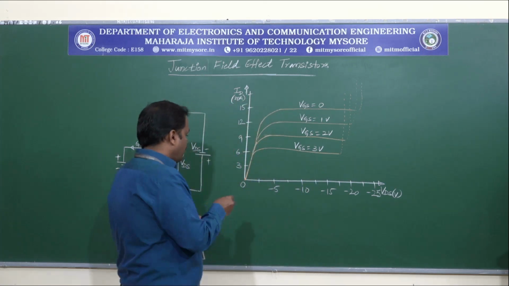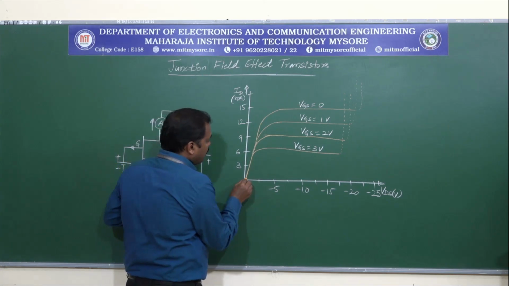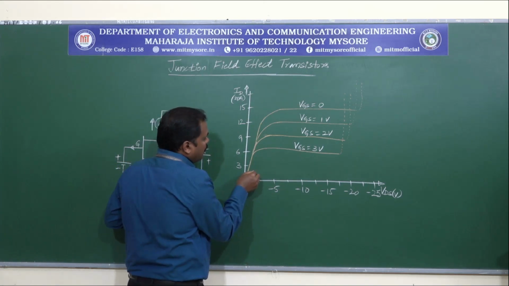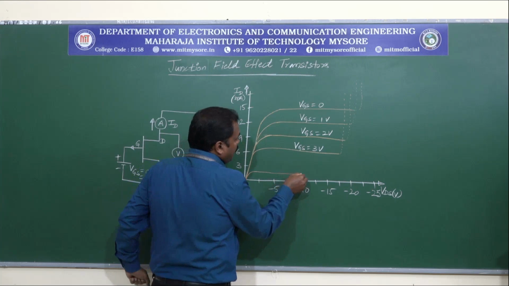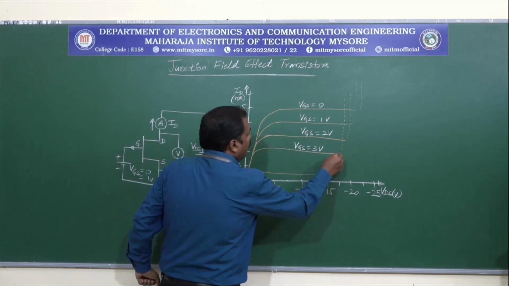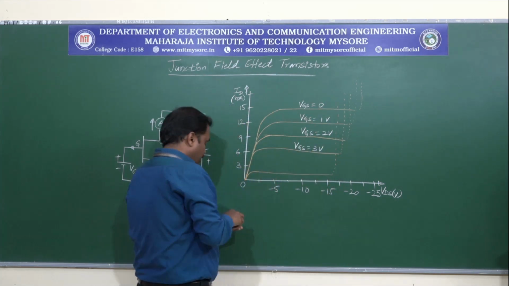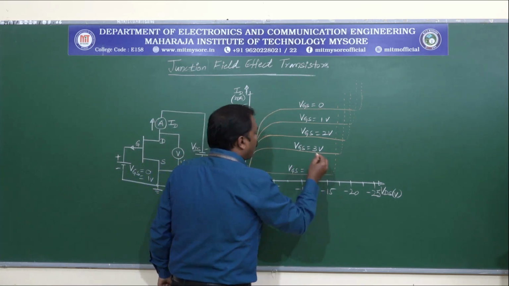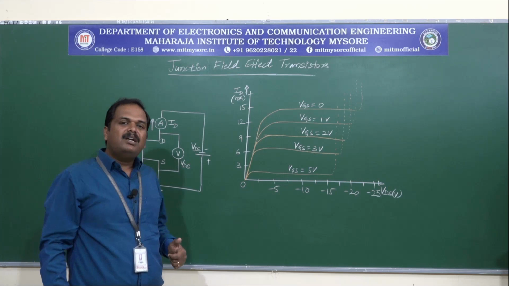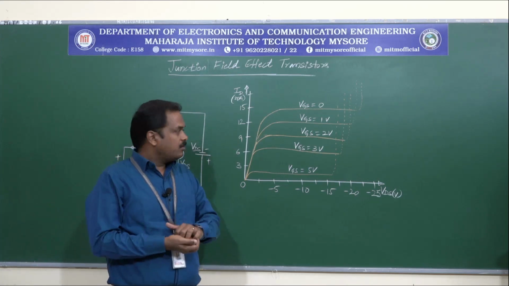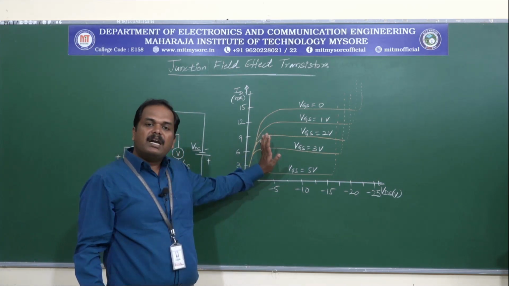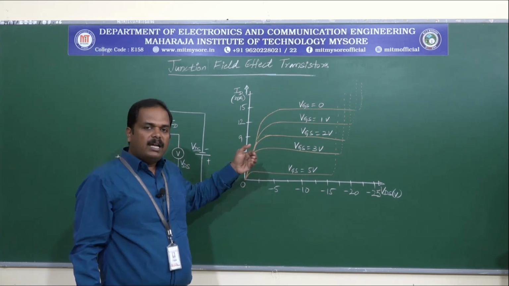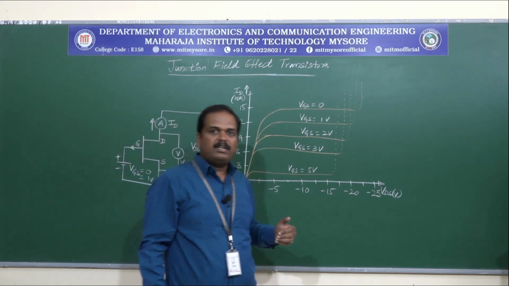So for example, for VGS equals 5 volts, it may look like this, where the current is going to be minimal. So this is the drain characteristics of a P-channel JFET.